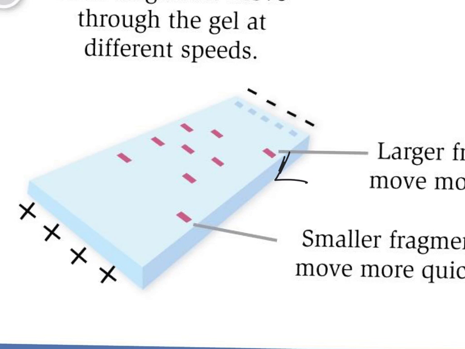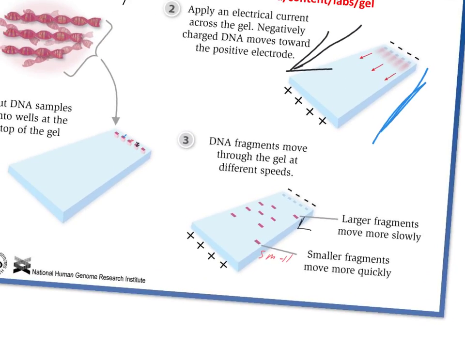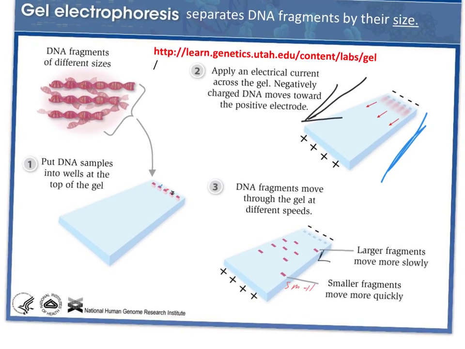This down here is a small fragment. Doesn't weigh as much, it moves more quickly farther down. And depending on the two fragments that you have for each of these 16 sites, you're going to get one band for your mother and one band for your father. Okay, so this is called gel electrophoresis.